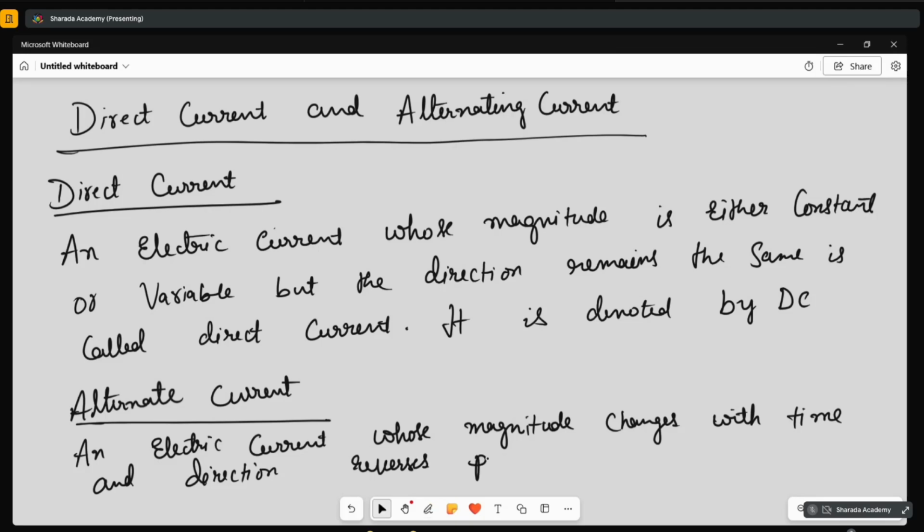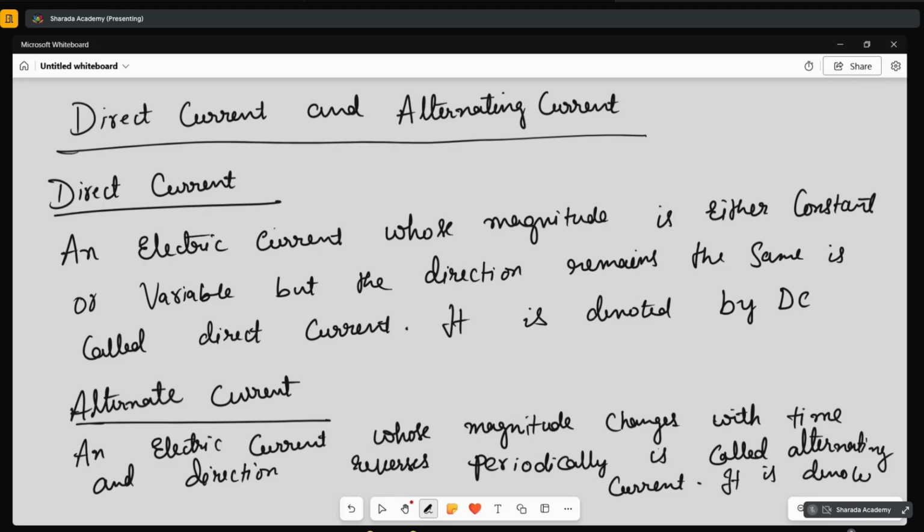You're able to see, right? It reverses periodically. Okay, it is denoted by AC.